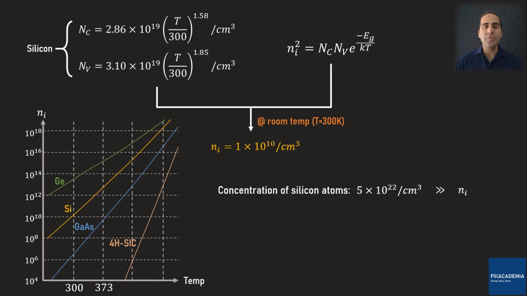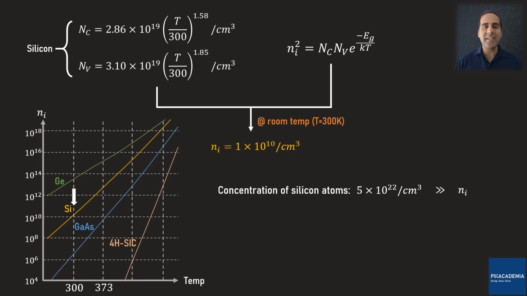This diagram shows the intrinsic concentration versus temperature, not only for silicon but also for germanium, gallium arsenide, and 4H silicon carbide. What we can see immediately in this diagram is that the intrinsic concentration is highly dependent on the energy gap. For example, while at room temperature the silicon intrinsic concentration is 10 to the power of 10 per centimeter cube, the 4H silicon carbide intrinsic concentration is almost 0.